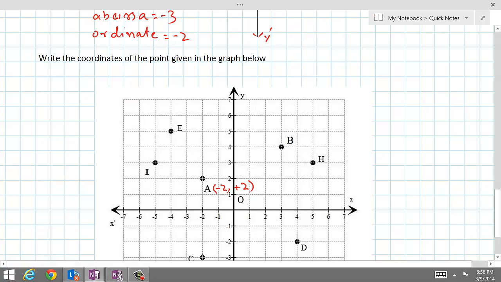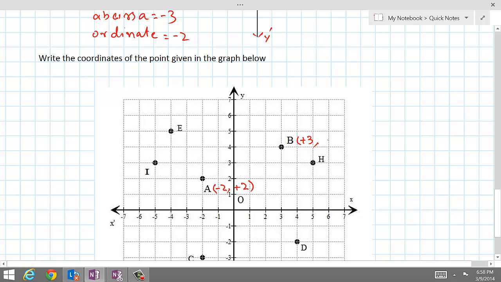Now let's take a look at the point B. For the abscissa, if it is to the right of the y-axis, it is positive. If it is to the left of the y-axis, it is negative. So it's 3 units to the right, so the abscissa would be +3, and it is 1, 2, 3, 4 units above the x-axis.